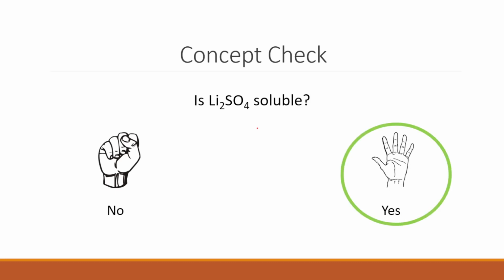Lithium is a group 1 ion, which means that anything it creates a compound with will be soluble.